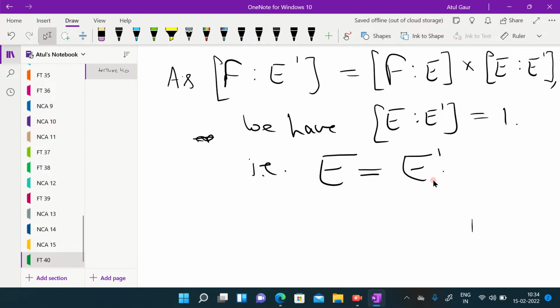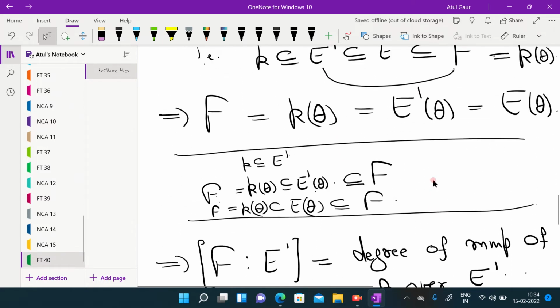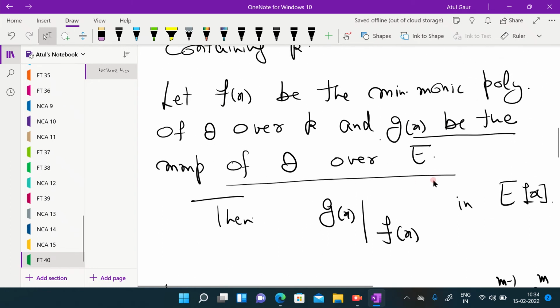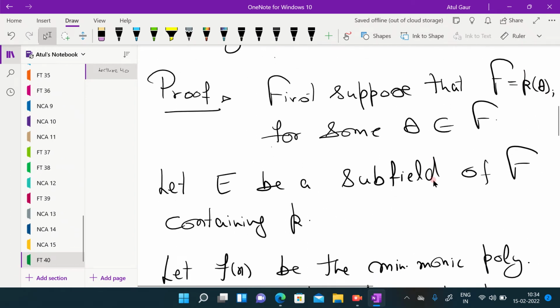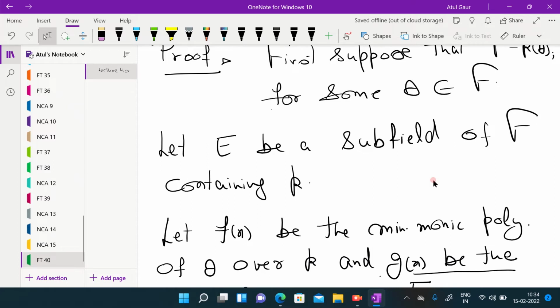Now let me recall you what we have done so far. We assume that the extension is simple extension, that means generated by one element, so that is F equals K theta.